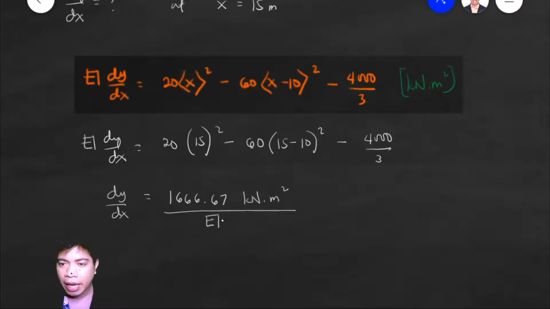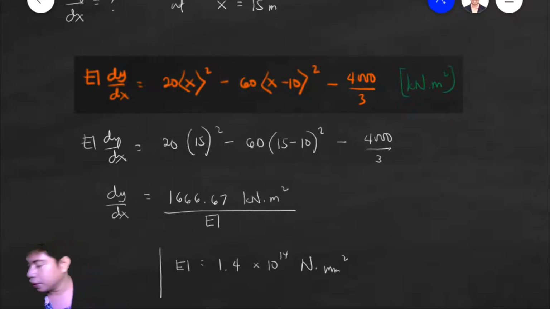So EI, okay? So of course yung EI natin nga guys is in Newton millimeter square. Tama ba? Ano nga yung ating value ng EI kanina? This is 1.4 times 10 to the 14. Okay? This is in Newton square millimeter. Tama ba? Okay, so tama. Ayun.